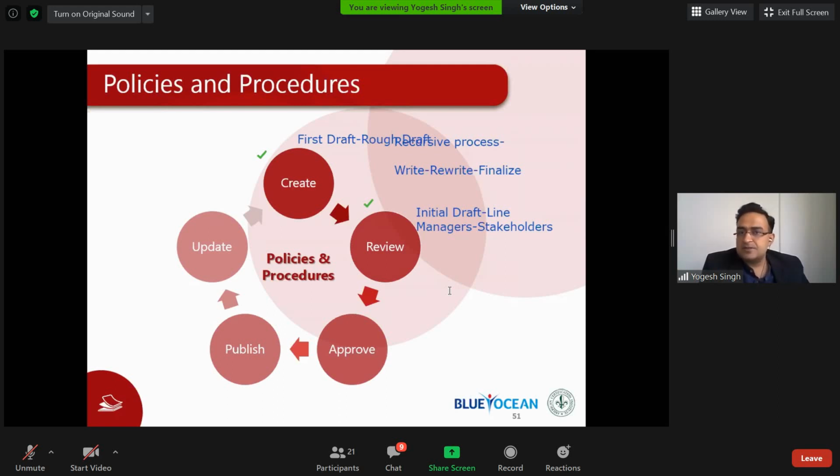So first is the rough draft or first draft, then is the initial draft, which is actually the second draft, and then comes the final draft. So you made changes in the initial draft as suggested by these line managers and stakeholders. Why will these suggestions come?